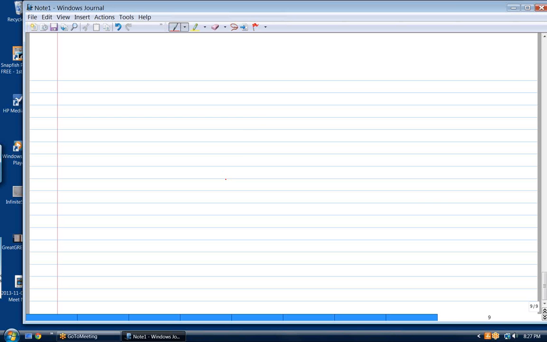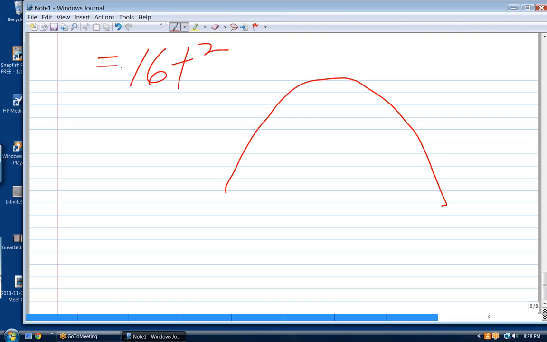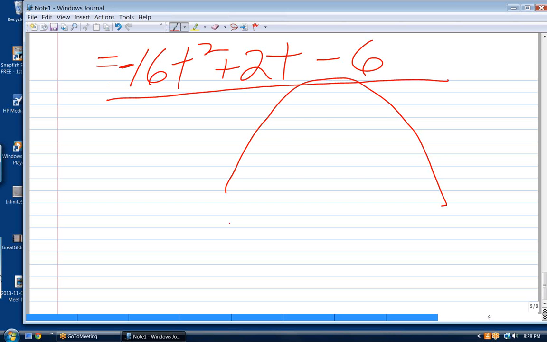Well, say you have vertical motion, or motion of a particle. This is always a quadratic. And the questions you're going to get asked, this type of problem would be, okay, you throw a ball into the air, it goes up in a parabolic motion, comes back down, hits the ground. How high does it get?